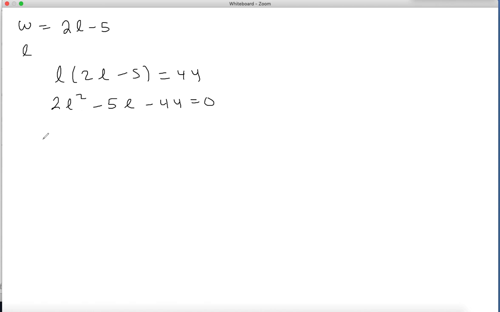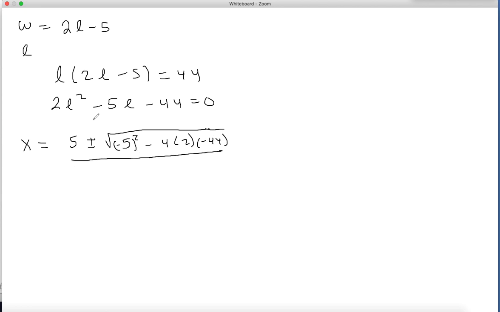So let's see what I get for my quadratic formula here. X equals negative b, so that's going to be 5 plus or minus negative 5 squared minus 4 times a times negative 44 for the c, and all over 2a, 2 times 2.